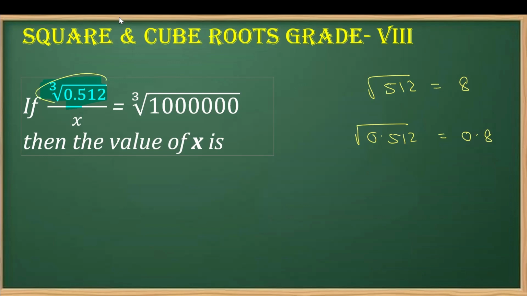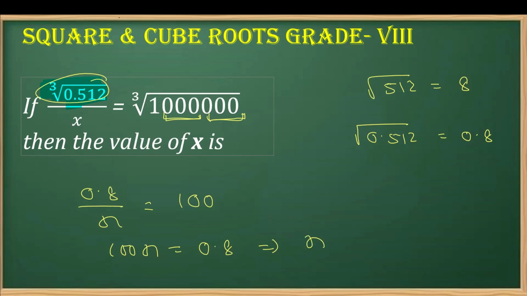Now, if I replace this with 0.8 over x is equal to, now cube root of 1 is what? 1. And we know that for every 3 zeros, there is 1 zero in the cube root. So I can write this as 1 0 for this 3 and another 0 for this. Now here we'll do cross multiplication. 100 multiplied by x is 100x, and this is equal to 0.8.